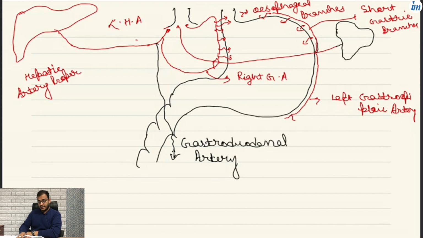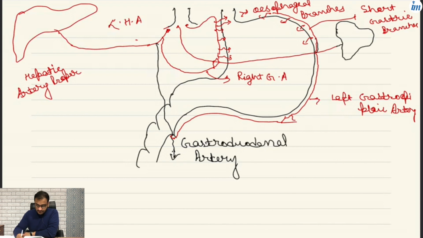This gastroduodenal artery supplies the lower part of the greater curvature of the stomach, and it anastomoses with the left gastroepiploic artery.